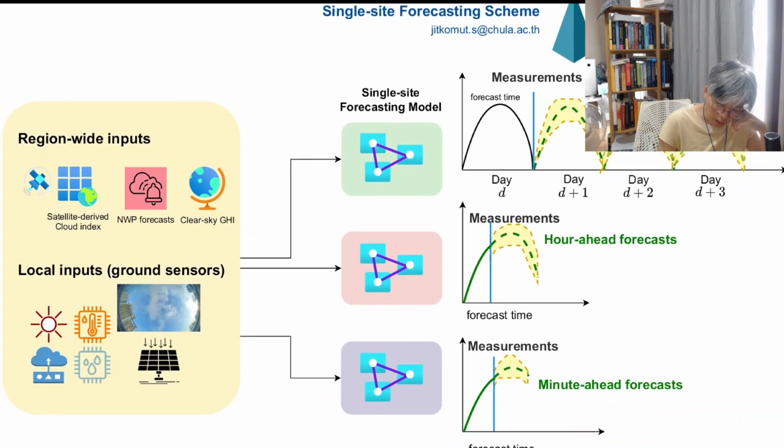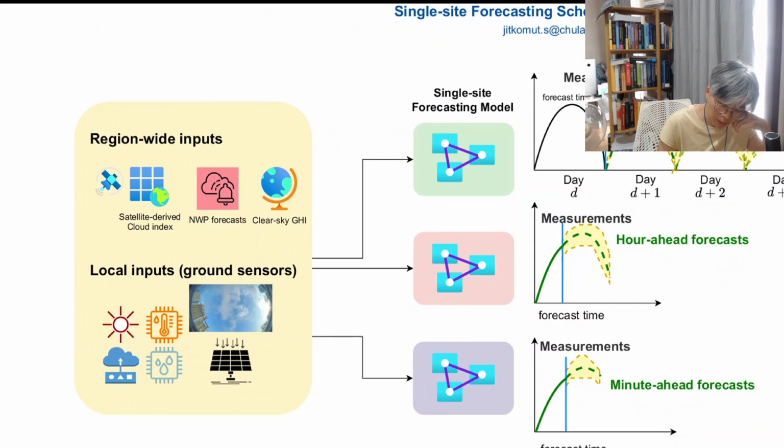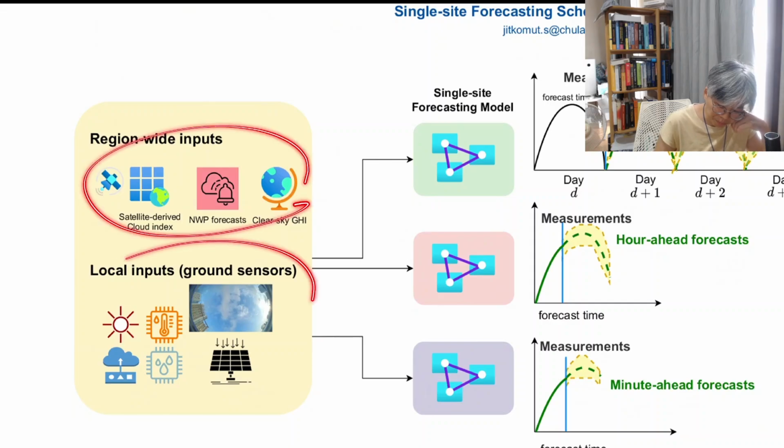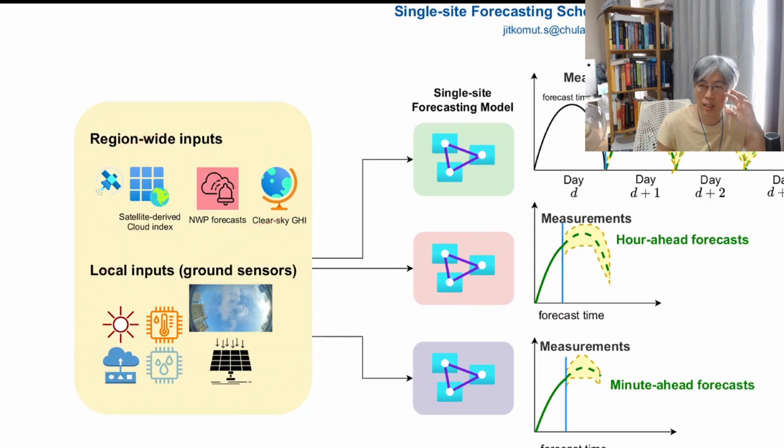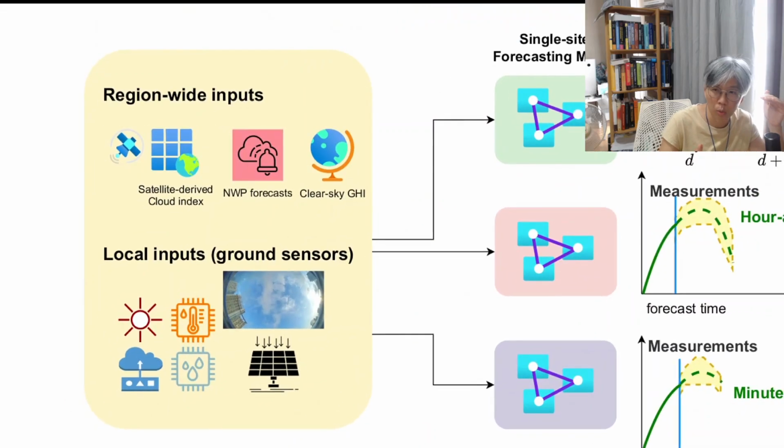Okay. For the single site location, the necessary inputs, I think I can split into two categories. The first one is region-wide inputs. This is something that we can acquire over a wide area, but you just extract the information according to your location.